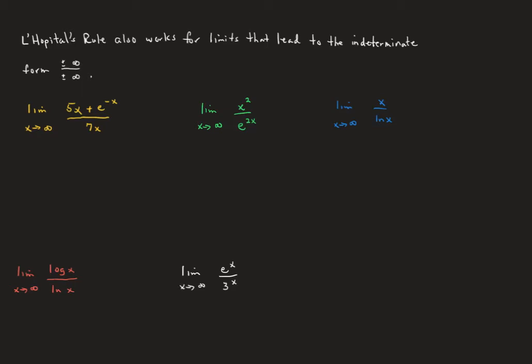So on the first one, if we see that x grows large without bound, then this 5x is going to go to infinity. Do you see that that's going to be 1 over e to the x? And as x gets really, really large, that's going to be 1 over a huge number. That's actually going to go to 0.